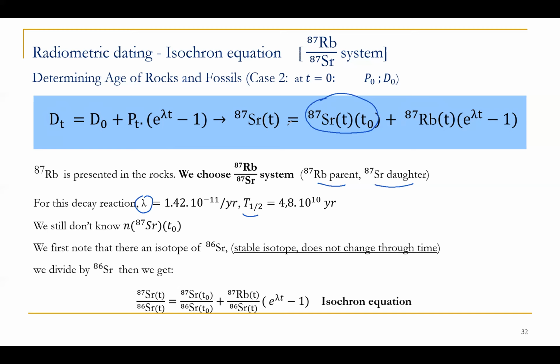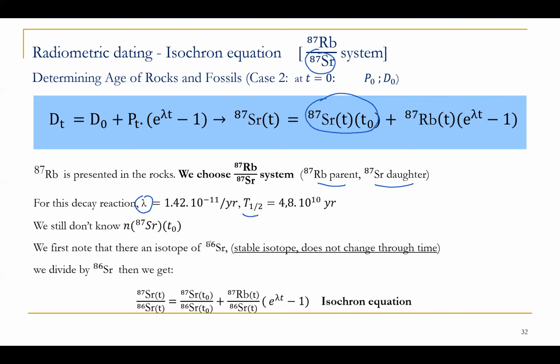What is the method? Here we have to find, in general, another stable isotope of strontium. We have strontium 87. This value of strontium 87 will increase with time because of the disintegration of rubidium.